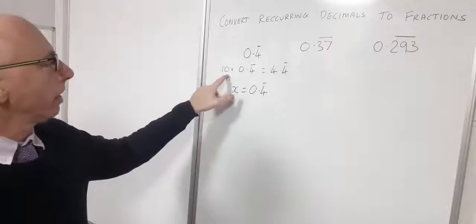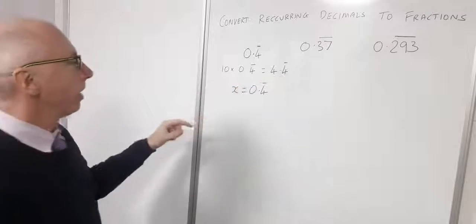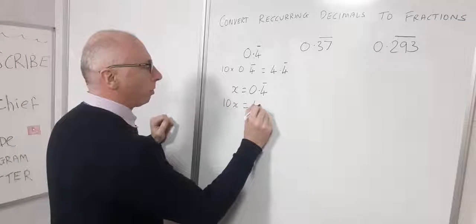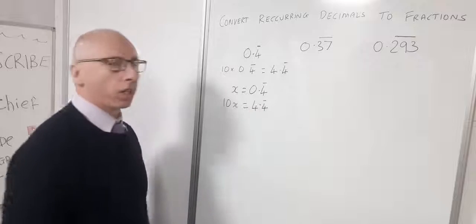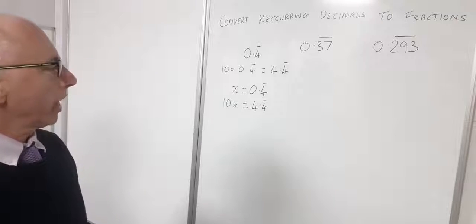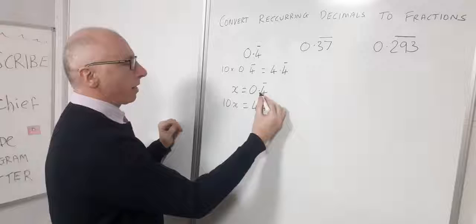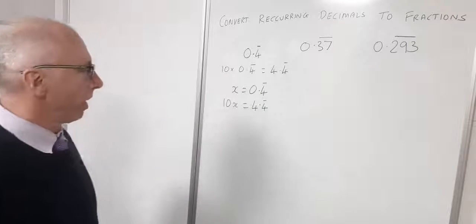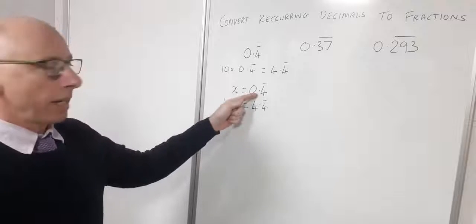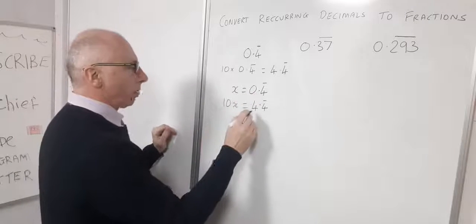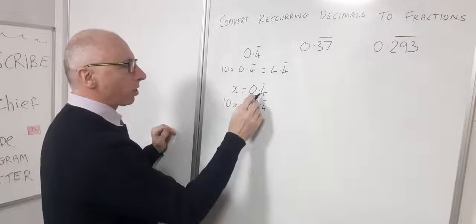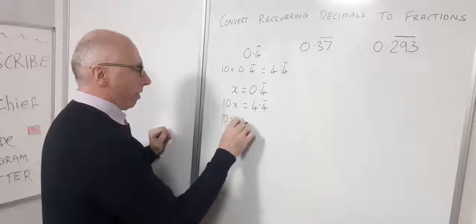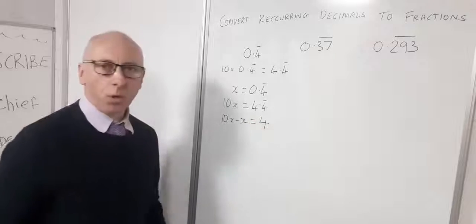So now with this calculation here, I can see that 10x equals 4.4 recurring. Okay, now if x is 0.4 recurring and 10x is 4.4 recurring, if I do 10x minus x, so for example, if I do 4.4 recurring minus 0.4 recurring, that will just equal 4.